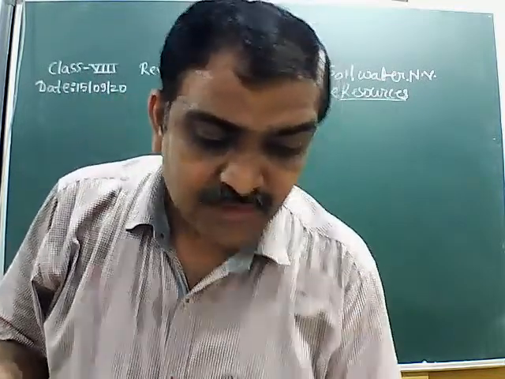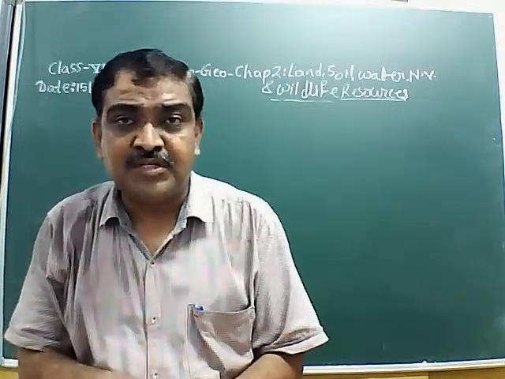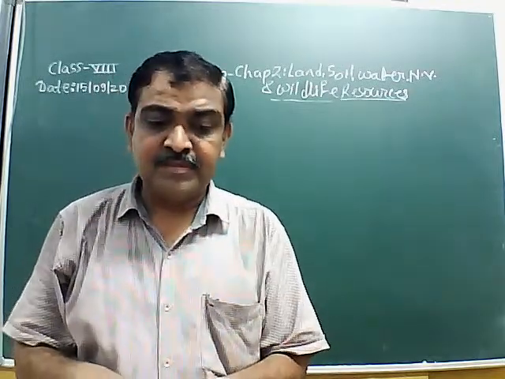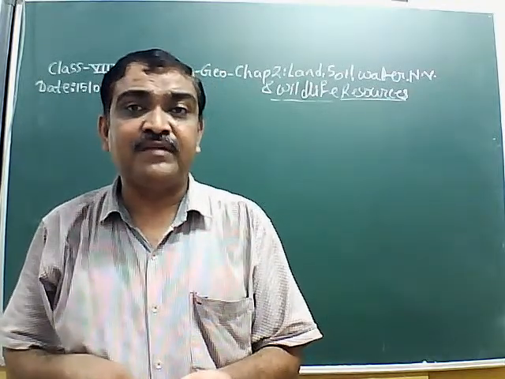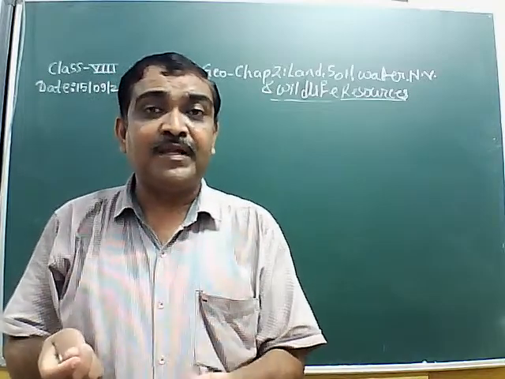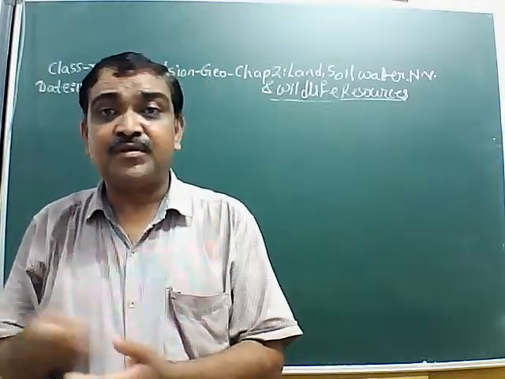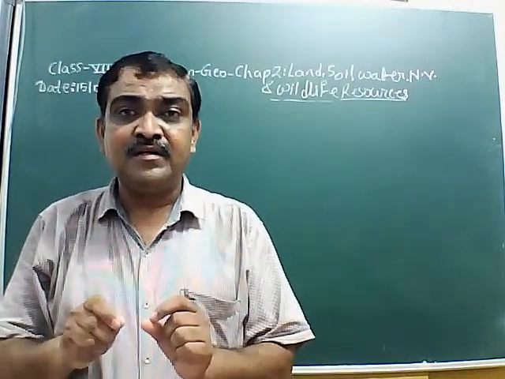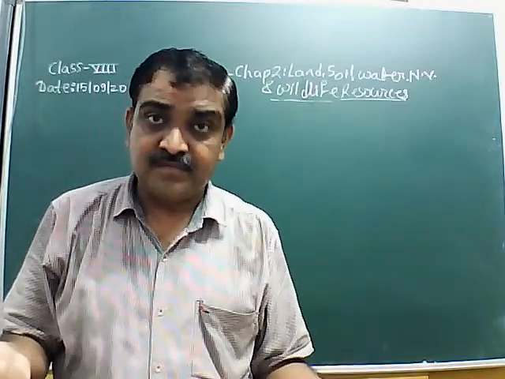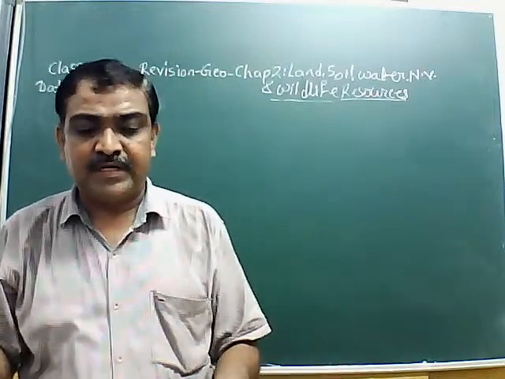Okay, so this is what the chapter is all about. In this chapter we have to discuss the land, different types of landforms, then soil, which is the top layer of the earth's crust, then water, natural vegetation, meaning the plant life which grows in nature without human interference, and then wildlife.